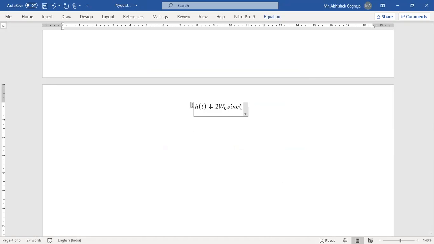It's going to be in the form of a sinc wave only. That means you have your sinc of 2w0t, which essentially is nothing but t by tb. Okay, I'll show you how.